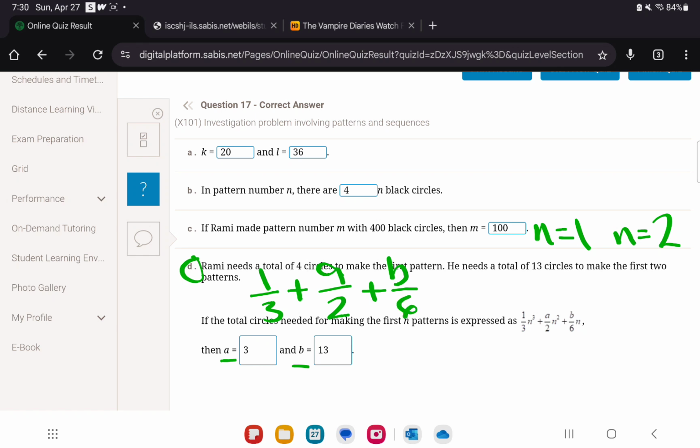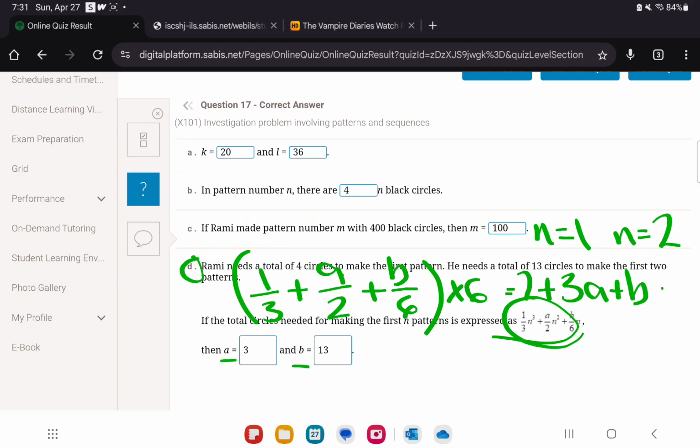Now we are adding, so we want a common denominator. Here we can cancel 6 and they'll all cancel denominators, okay? So we multiply by 6 so we can cancel. We get 2 plus 3a plus b. Okay, and for n equals 1 this is equal to 4.